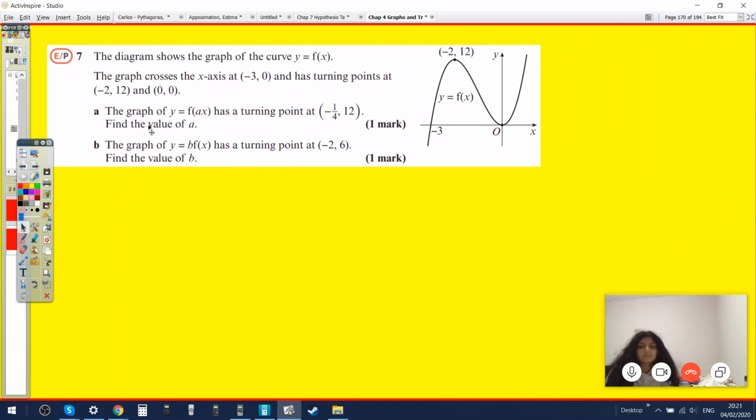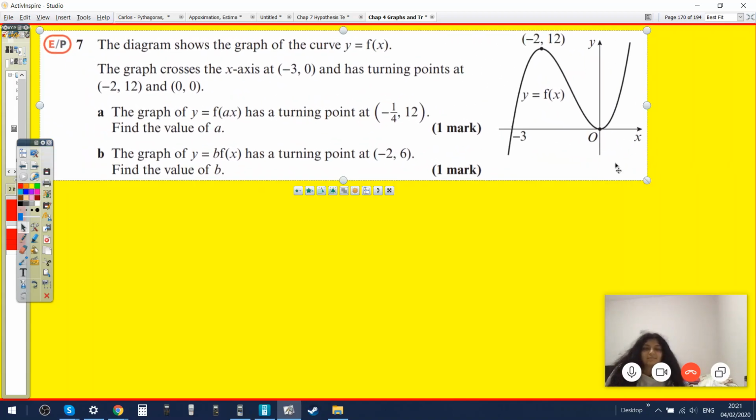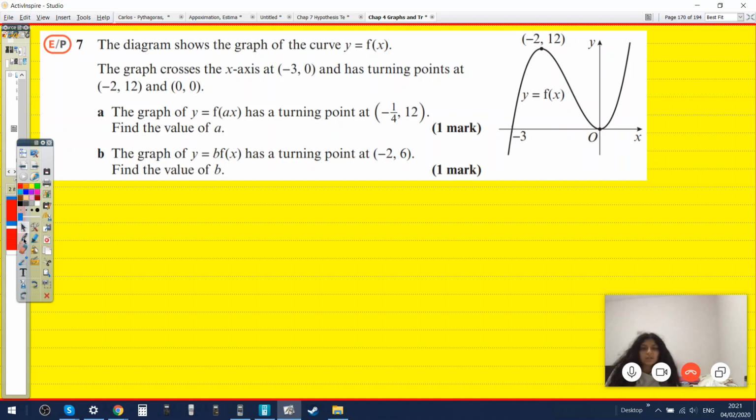Let me see. Oh, this is interesting. Okay, so they give us the new coordinate, and we have to say the value of A and B. Looks good to me.